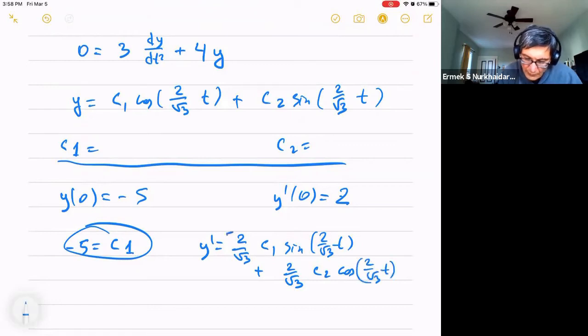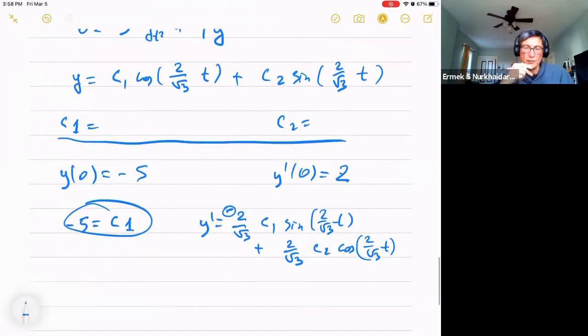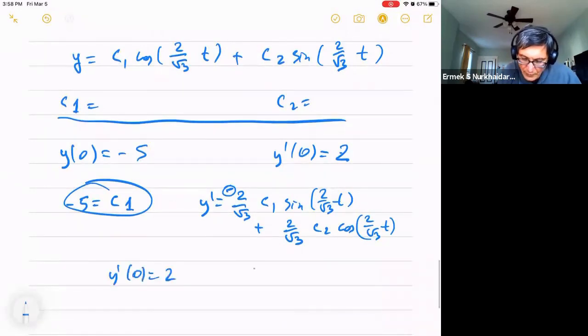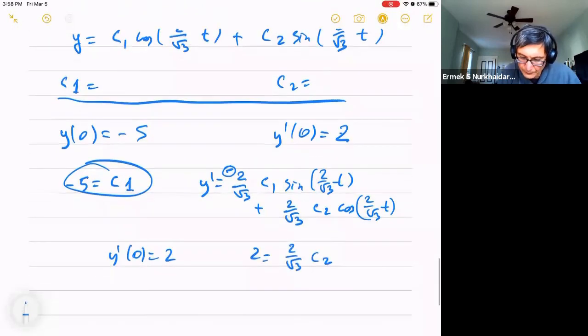And I guess it should be minus somewhere here, right? It's not going to affect my answer because the sine part will disappear, since sine of 0 is 0. So y prime of 0 equals 2 implies 2 equals 2 over root 3 C2. So C2 from here equals root of 3.